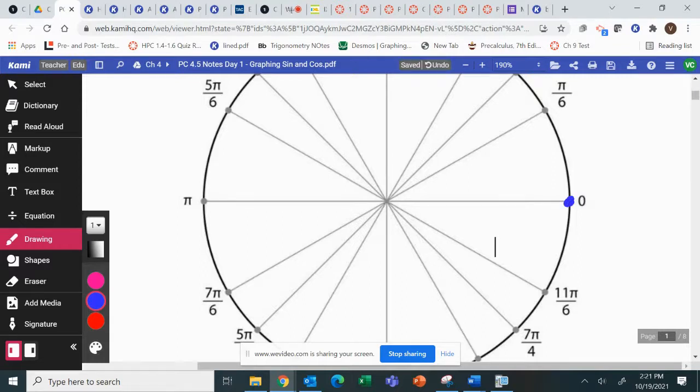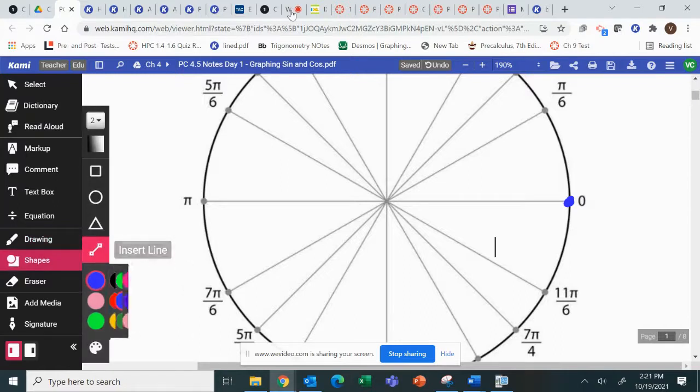0. Okay. When I'm at pi over 6, I'm going to use a line so that these look nicer. When I'm at pi over 6, the y value goes straight down.